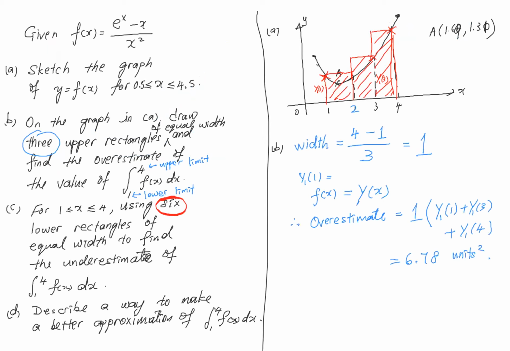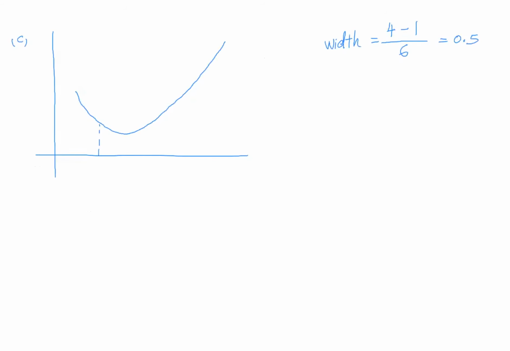Good. So now the width is 0.5. So from just now we know that our turning point is, what is our turning point? Yeah, so the important is the x-axis, 1.69.